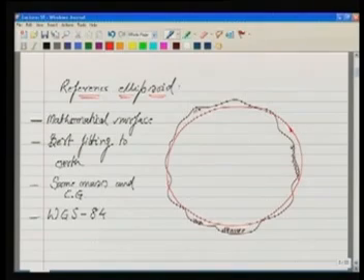Now what is this? I will highlight the surface of the Earth. Now this brown color is the surface of the Earth, and it is, of course, we know, undulating. Because it is undulating, we cannot represent this mathematically. So we cannot use this as a reference surface, because it is not a mathematical surface.